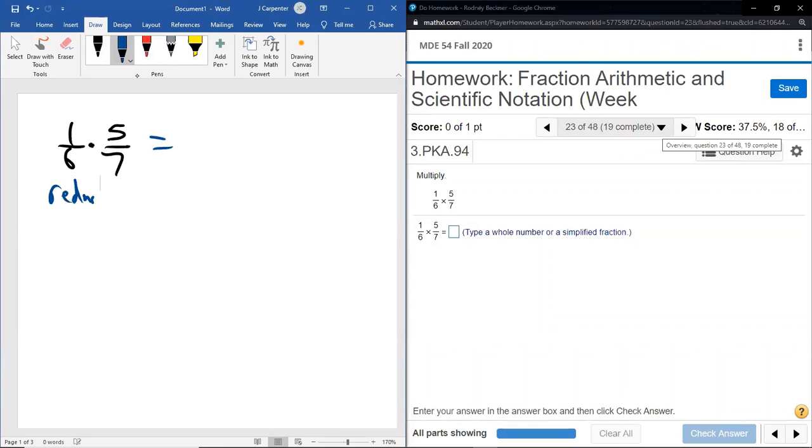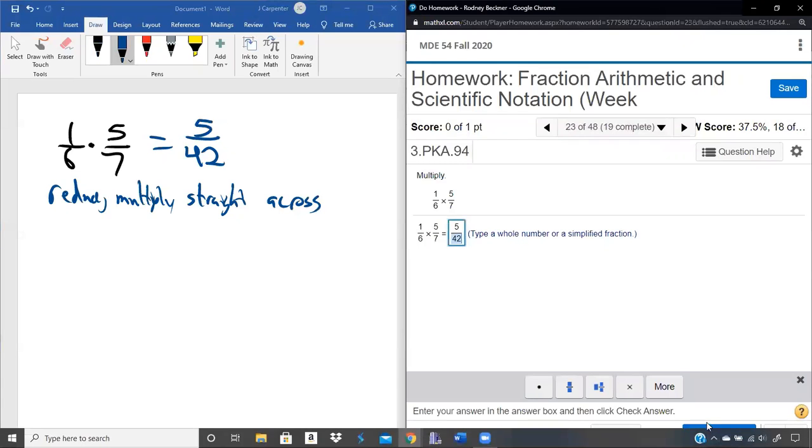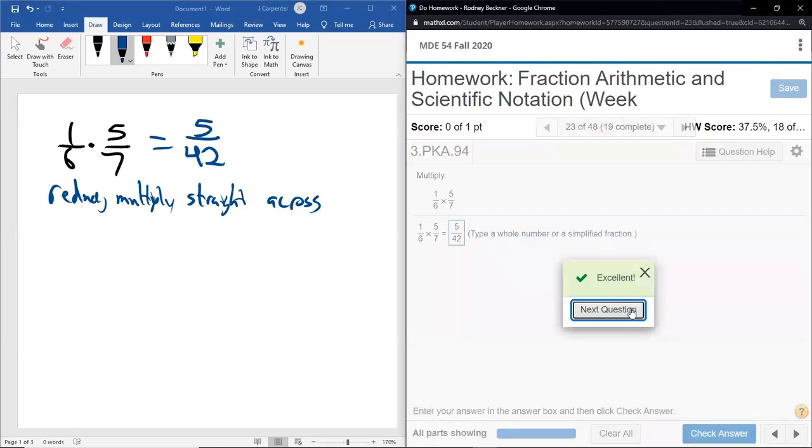You're just reducing and then multiplying straight across. The 1 times the 5 being 5, the 6 times the 7 is 42. And the answer should be 5/42. 5/42. Checking my work. We got it right. Easy as pie.